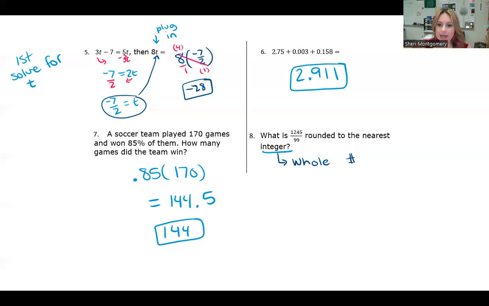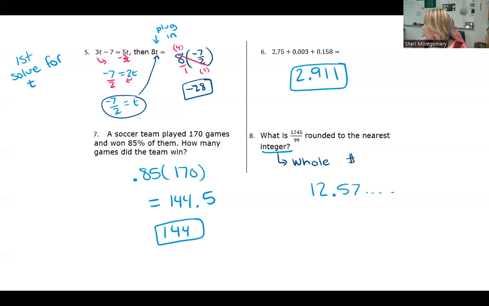So let's first divide that. 1245 divided by 99. What do we get? Okay, what'd you get? Okay, and it keeps going, right?